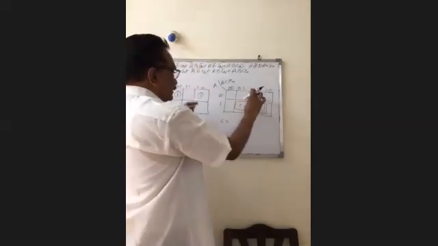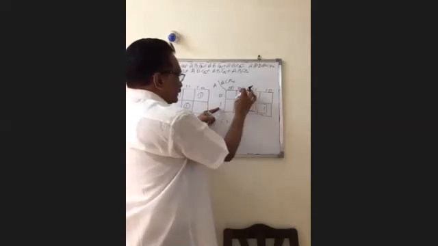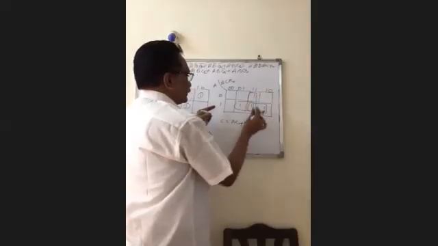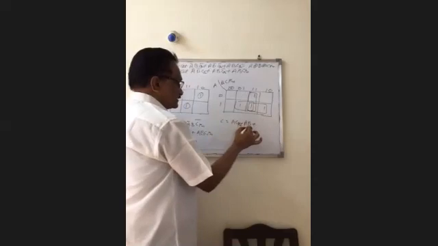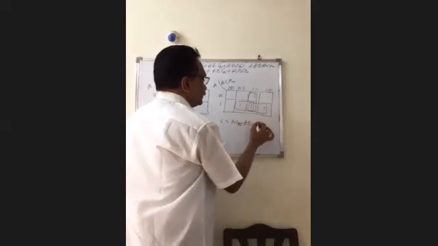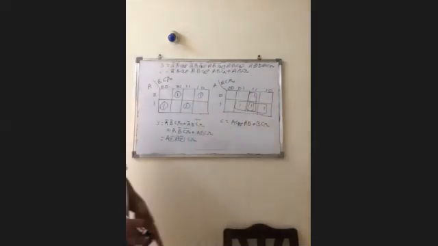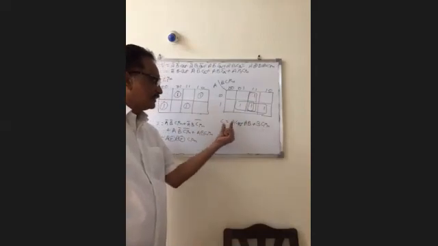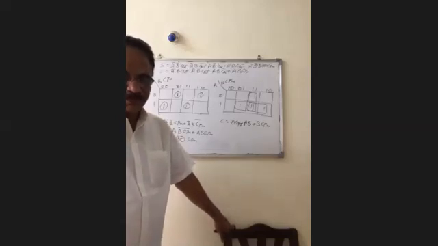For the first pair, you write A, C in. For the next pair, A, B. Plus for this pair, B, C in. A, C in plus A, B plus B, C in is the minimal output expression for carry.